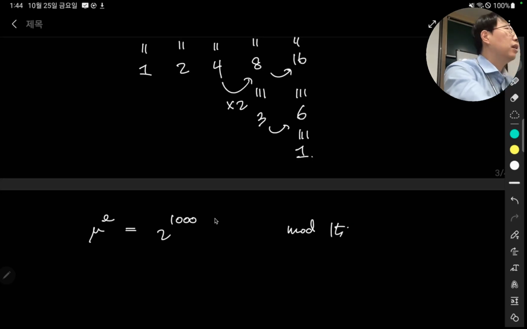Well, 15 is not a big number. I'm just assuming that it's a big number because if I really take a big number, I cannot compute. So how do you compute 2 to the 1,000 mod 15? You're not actually getting the number 2 to the 1,000 because all we need to know is the modulo. The modulo means the remainder.